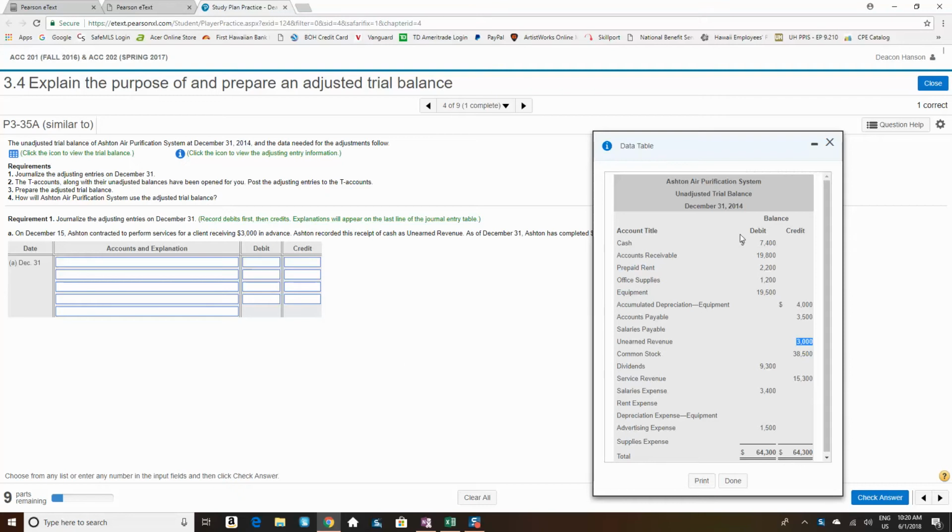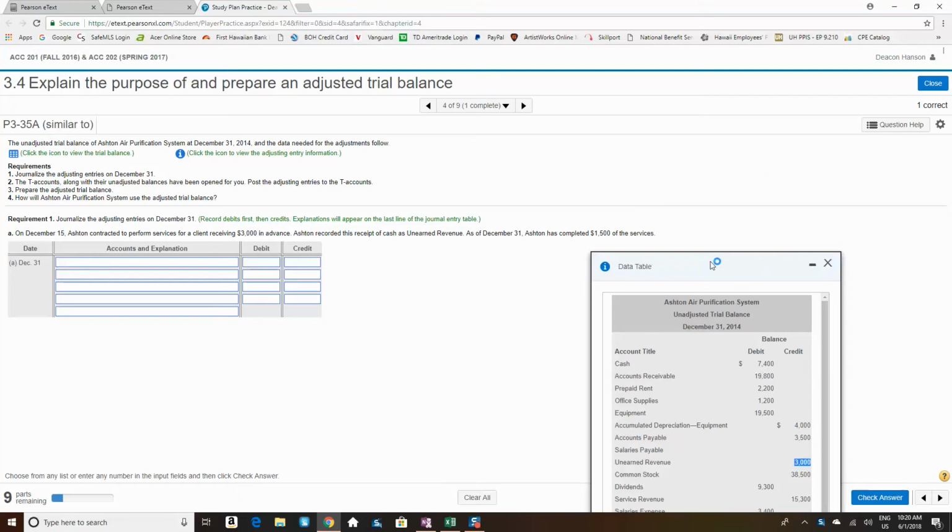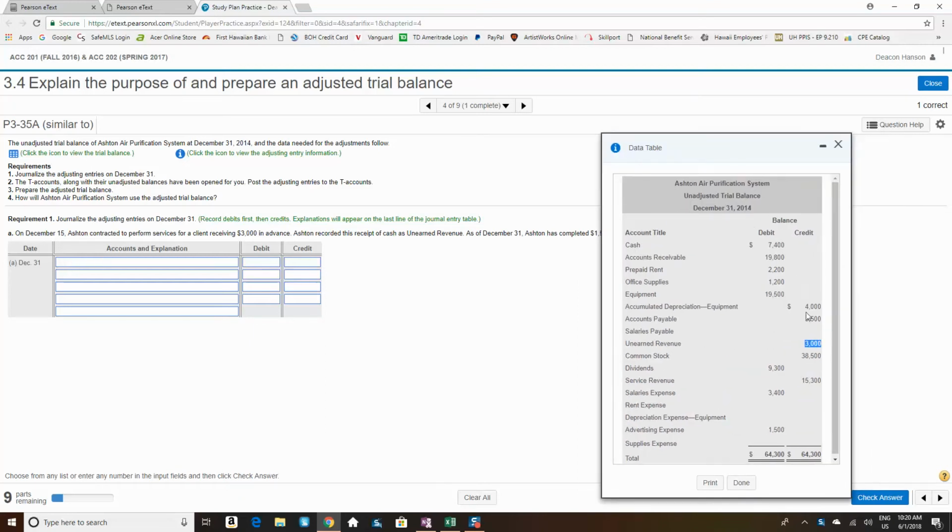That was money that they received in advance to do services. But at that point in time, December 15th, they hadn't performed those services yet. Now what this is telling me is that they actually performed $1,500 worth of those services between December 15th and December 31st. Okay, so on December 31st, notice unearned revenue has a credit balance.